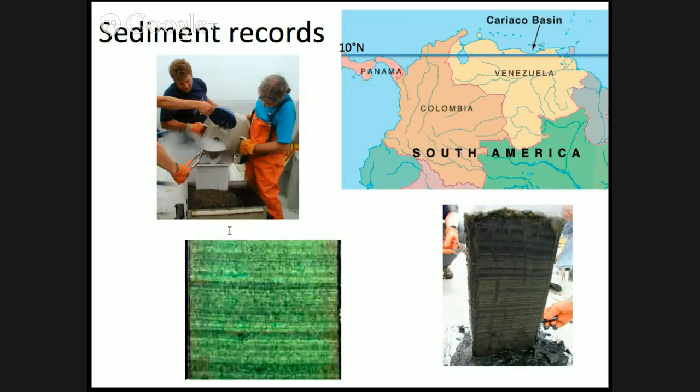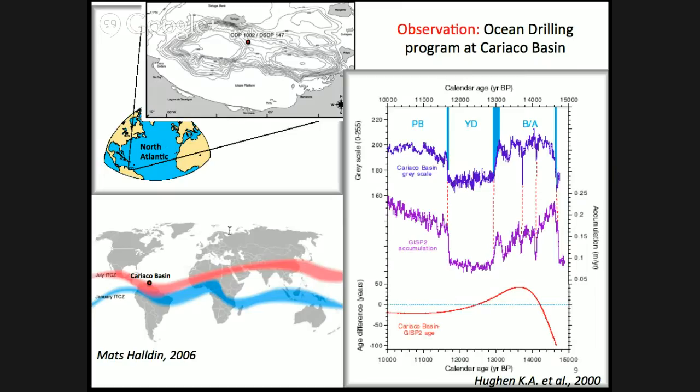And in winter, the ITCZ moves to the southern hemisphere, and here is where the trade wind blows. The trade wind blows against the coast and carries nutrients up from the bottom, feeding plankton. And plankton is lighter, and it sinks to the bottom and forms the layer of the sediment, which is lighter because of the plankton.